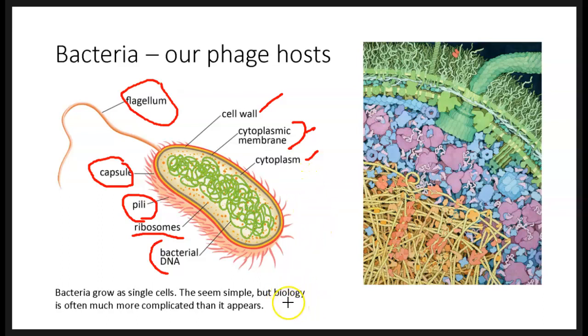But biology is often much more complicated than it appears on the surface. So even though this is a single-celled organism, if we looked at the molecular structure of this bacteria, we would see that the cell looks something like this. Right? Those structures in the cell are made up of individual molecules that come together in really complex ways to make the cell do all the things that it does.